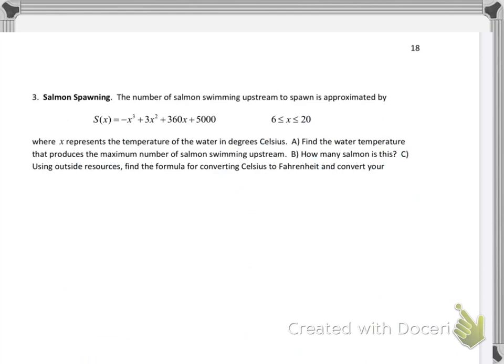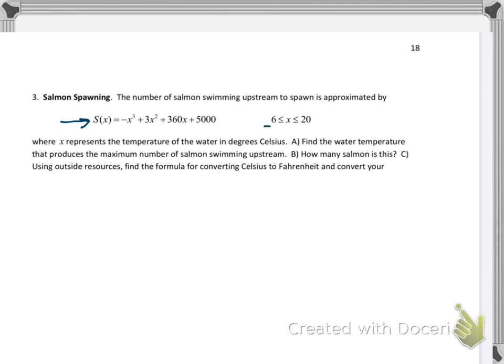Okay, in this problem we're going to talk about salmon spawning, and the number of salmon swimming upstream to spawn is approximated by this equation right here. That's the number of fish going up. And x represents the temperature.